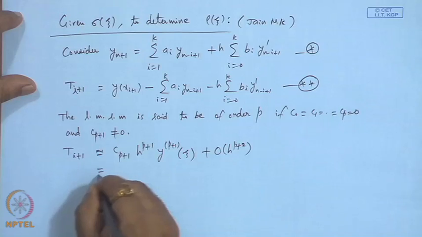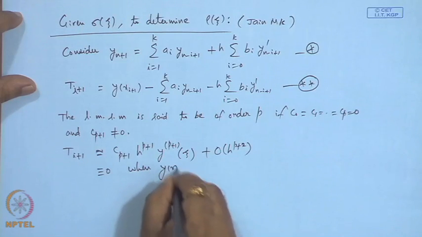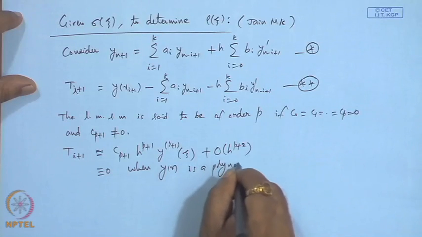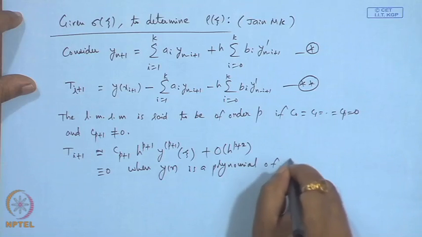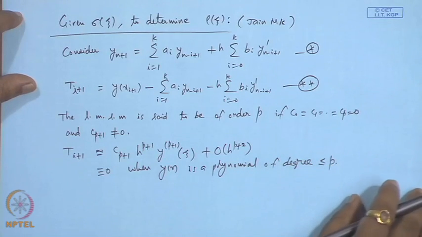So, this is identically 0 when y of x is a polynomial of degree less than or equal to p. Okay.